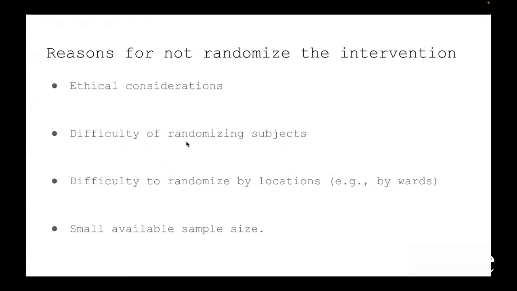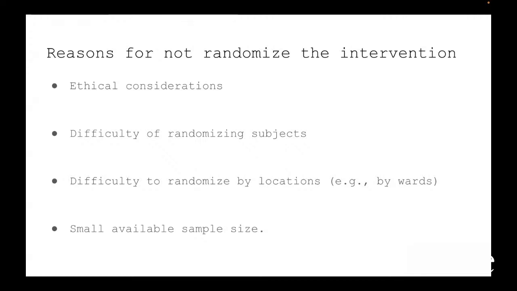Another reason is the difficulty of randomizing subjects. Patients may be randomized to a certain drug or intervention, but they cannot take it for some reasons, maybe social, cultural, or side effects, which makes randomization difficult. It can also be difficult to randomize by location or geographical places, like wards.